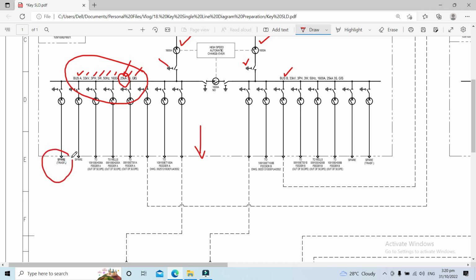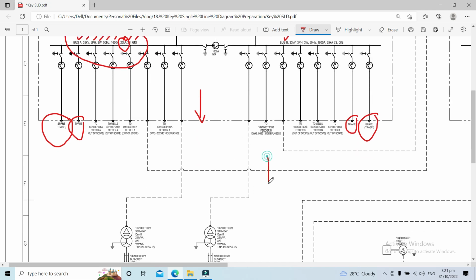It is a transformer feeder, fully equipped. And we also have a cable fully equipped spare feeder. The rest are connected to their respective load or another 33 kV switchgear.